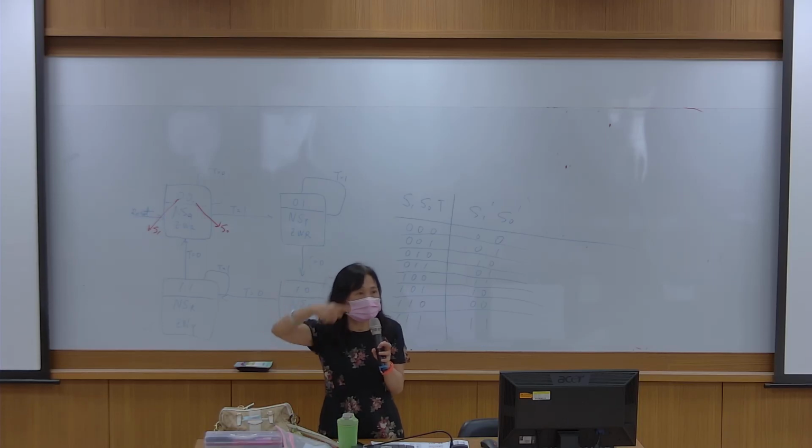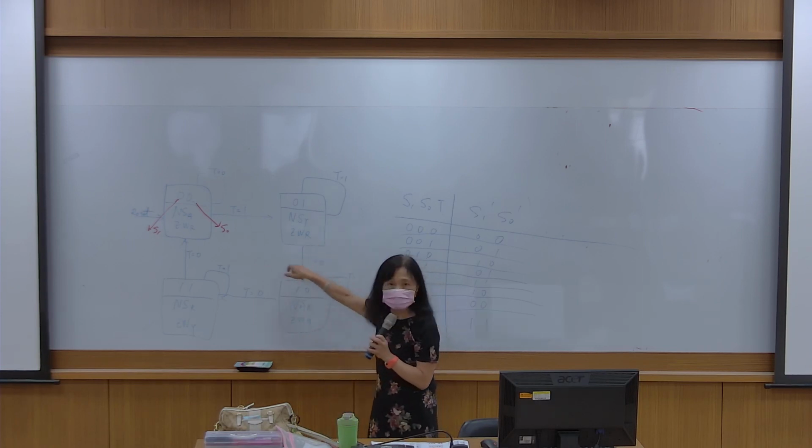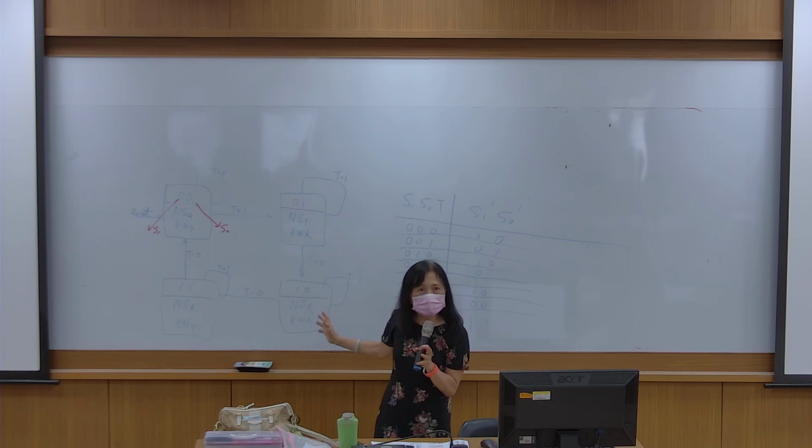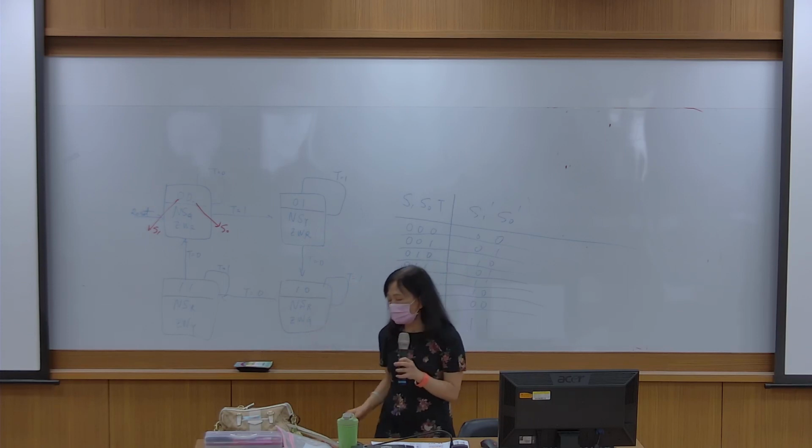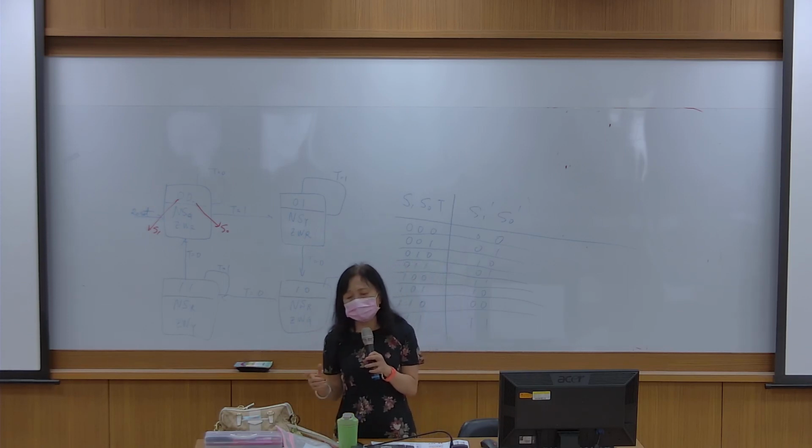Lost is unavailable. So there are a lot of situations that go to the state unavailable. Now you know that a state machine can tell you the situation.